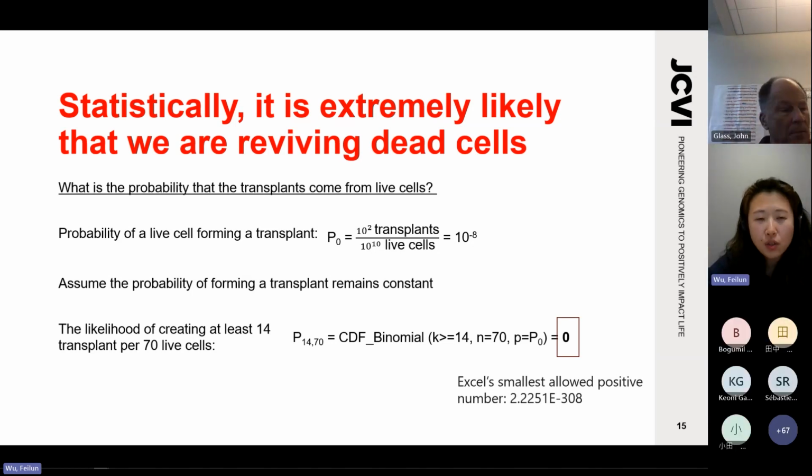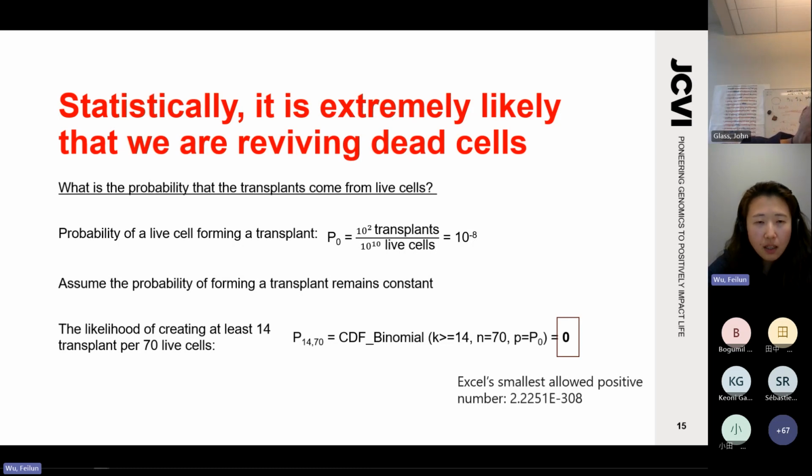But if we just assume that, the likelihood of, for example, creating at least 14 transplants per 70 live cells, and this is the result that we got for the best results that we've got so far, the probability of this happening only from transplantation in live cells is practically 0.